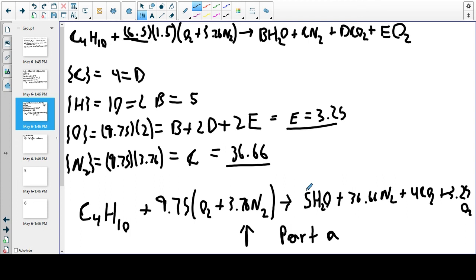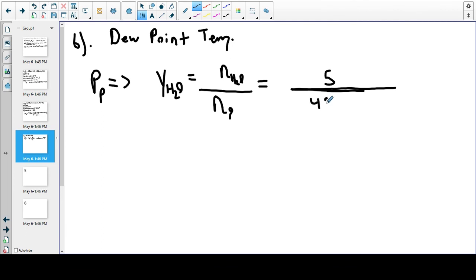Everyone can just add the total number of moles, which is 5 plus 36.6 plus 4 plus 3.25, which is 48.91. And that right there gets you the mole fraction of water, 0.10222.